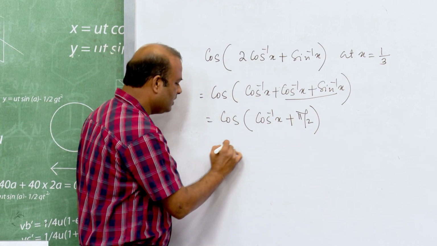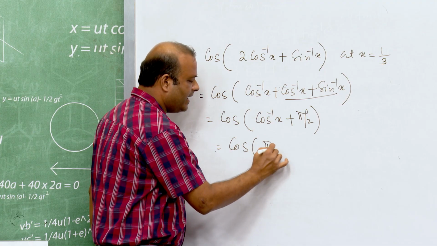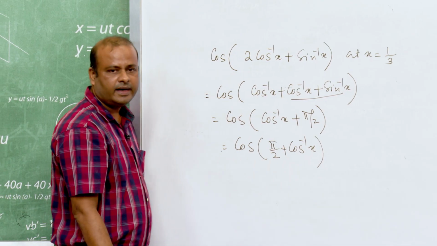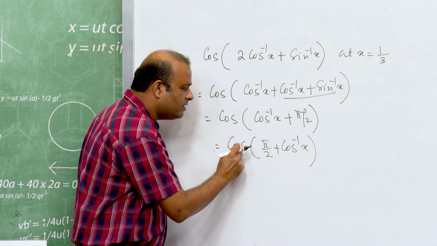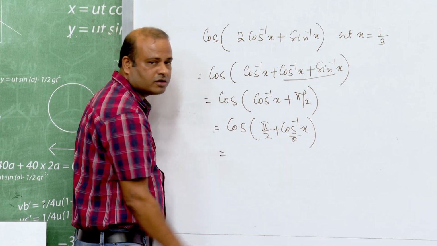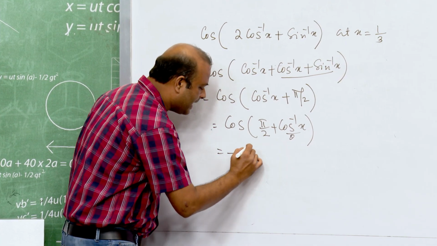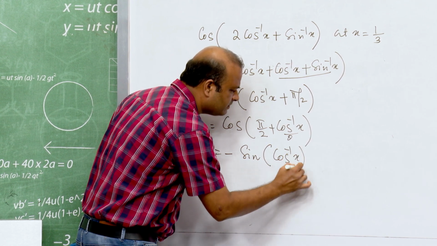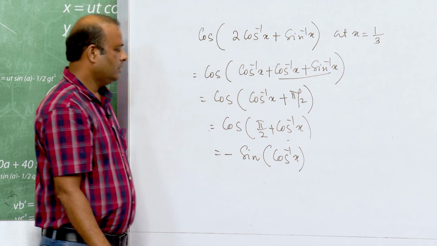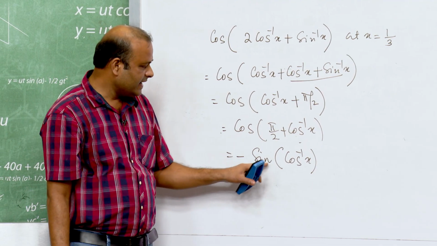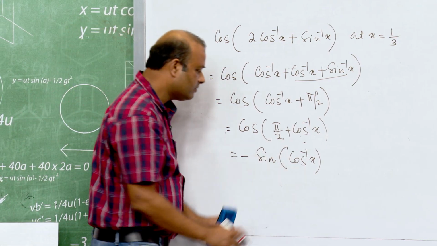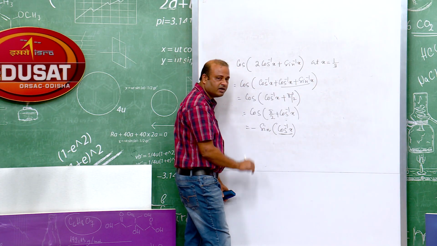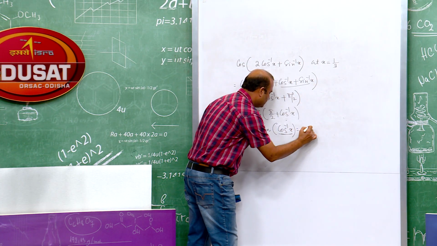So it equals cos of (pi by 2 plus cos inverse x), right? So cos of (pi by 2 plus theta), take this one as theta, is minus sin theta, where theta is cos inverse x. Cos of (pi by 2 plus theta) is minus sin theta.